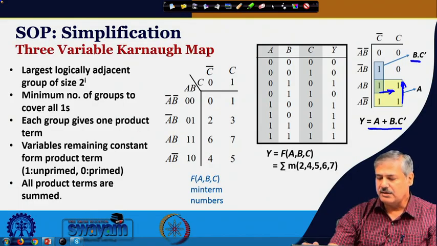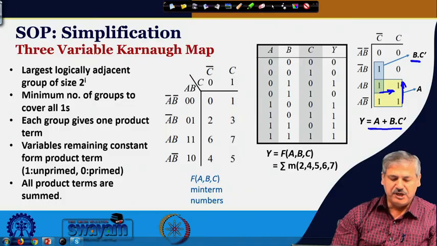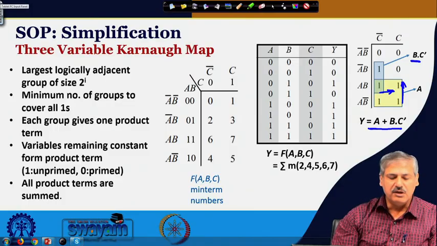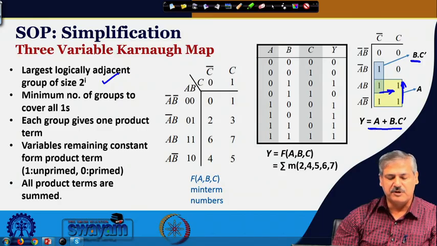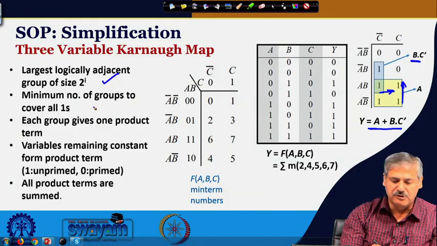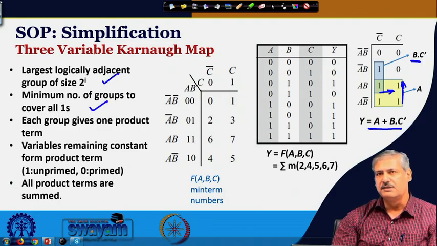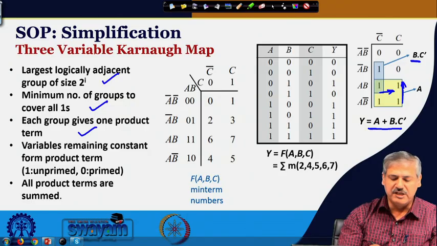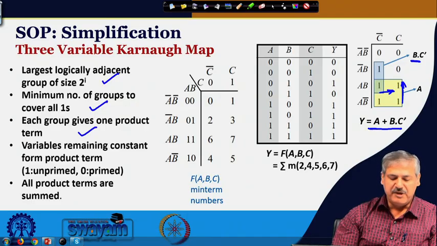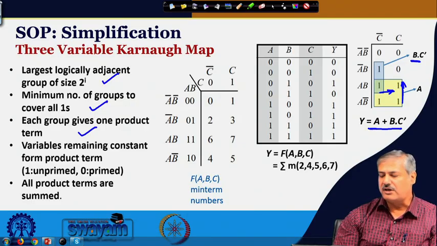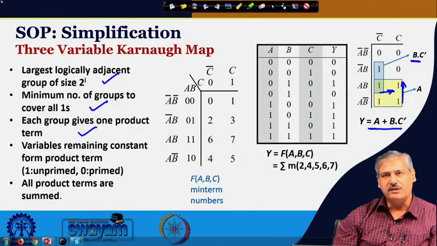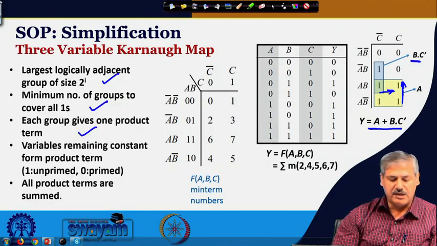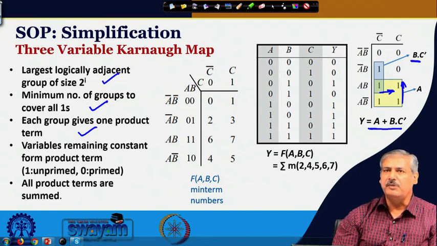So, if we put it in the form of a rule: take the largest logically adjacent groups of size 2 to the power i, that is an integer power of 2, and we shall find the minimum number of such groups to cover all ones. Okay. Each group will give one product term; the variables remaining constant form the product term. If a variable remains constant with value 1, it will be unprimed, and if it is 0 it will be primed.